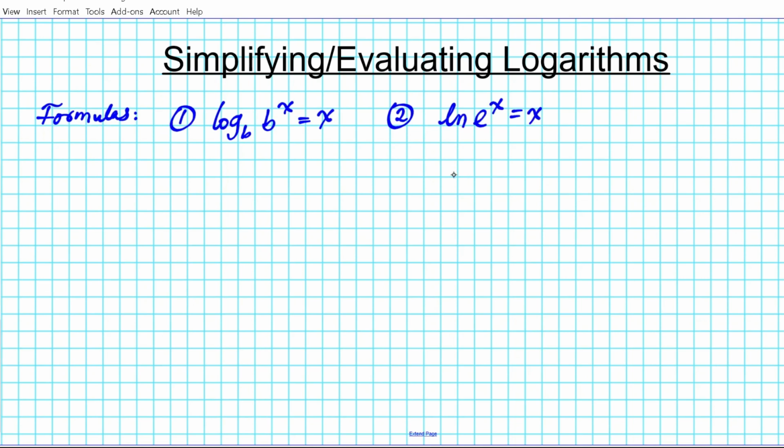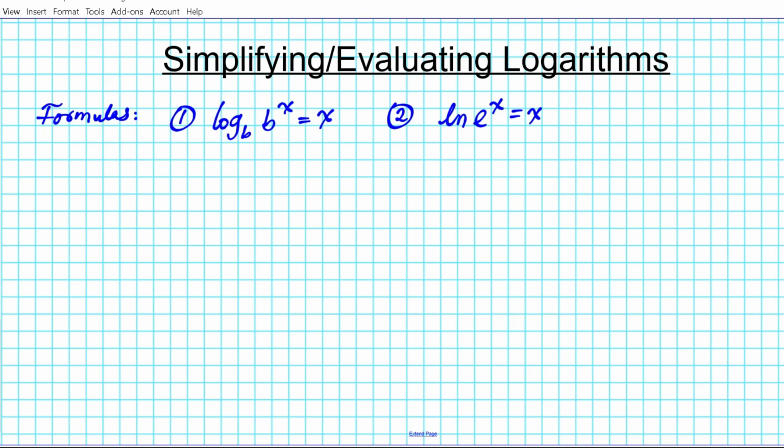The game we're going to be playing here is trying to express the log argument as a power, an exponent with the base equal to the base of the log, so that we can have cancellation happening, and then we're left with the value of the exponent.